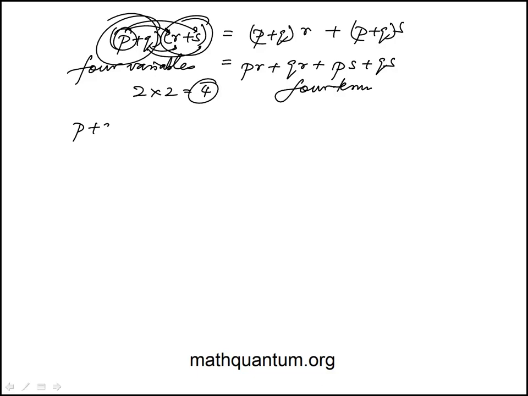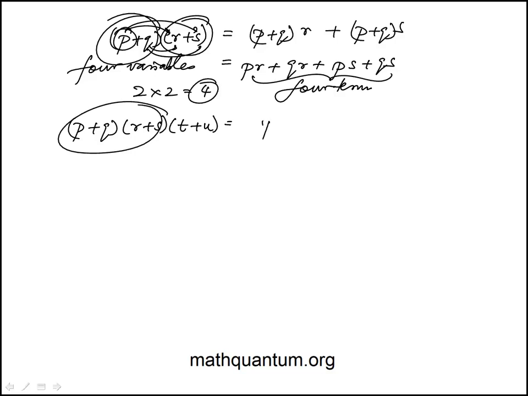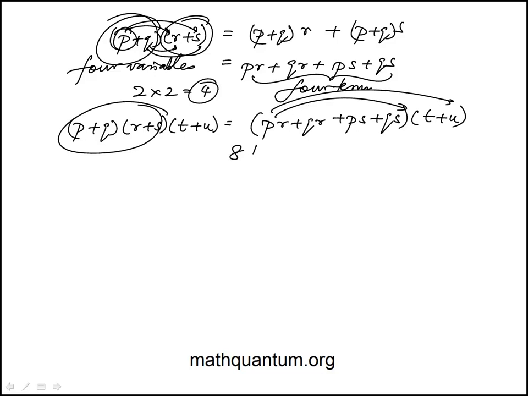What if we take the product of 3 such pairs? In this case, that first piece is what I just obtained here. So we can do that expansion. And then I'm going to distribute it over t plus u. And you'll see that again, we're going to get 8 terms.